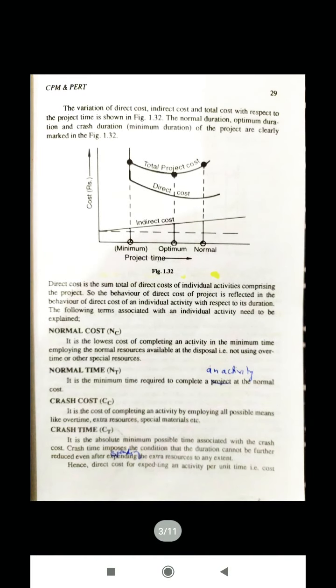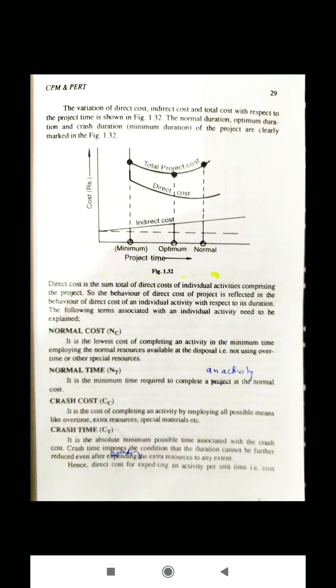So for a particular activity, there is a certain amount of time, normal time. This normal time is the minimum time required to complete an activity at the normal cost. Or in other terms, if we are not using any special machinery, any special materials, a normal amount of labor is involved.